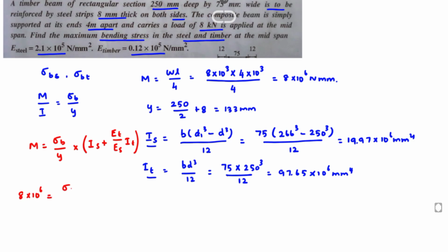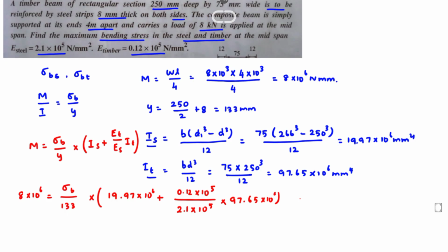Sigma b divided by y value is 133 which we found out, into the Is value which is 19.97 into 10 power 6, plus Et value given as 0.12 into 10 power 5, divided by Es, the Young's modulus of steel, 2.1 into 10 power 5, into It which we found out as 97.65 into 10 power 6.